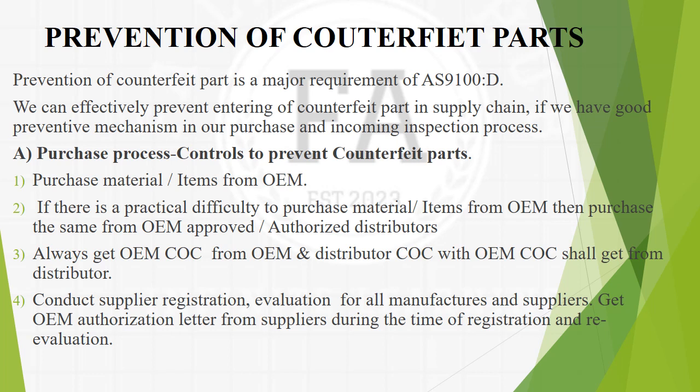That is one of the good methods to prevent counterfeit parts, so there is very little risk. Even if we are purchasing from an OEM, if it is not a reputed OEM, they may do some kind of fake activities, such as putting fake serial numbers or fake batch numbers, but still there is very little risk of counterfeit parts when purchasing from the OEM. And we are getting the OEM COC, in the sense a certificate of conformance.